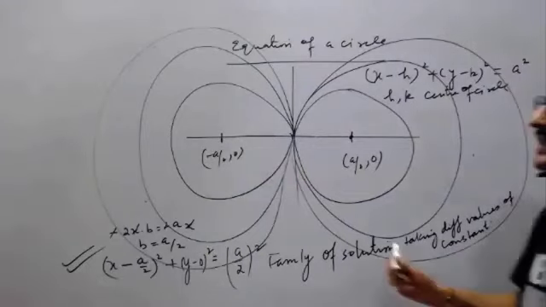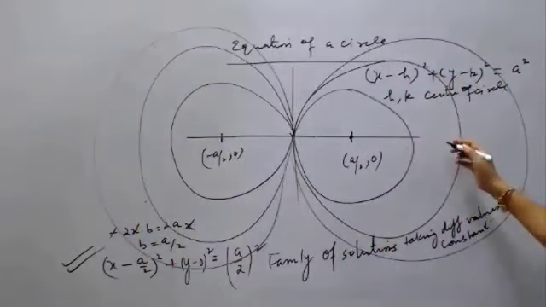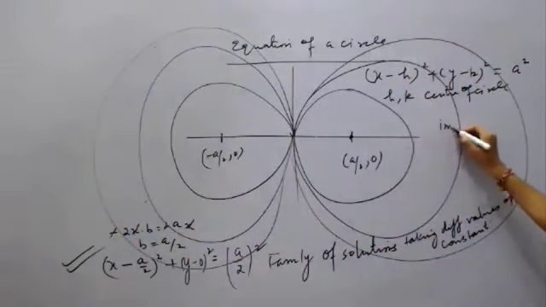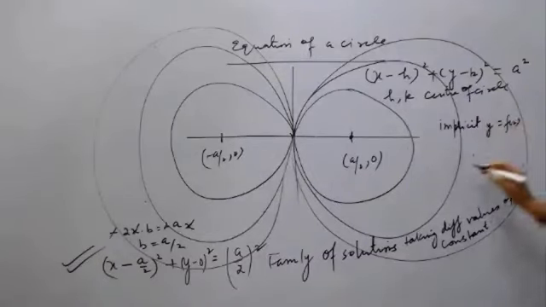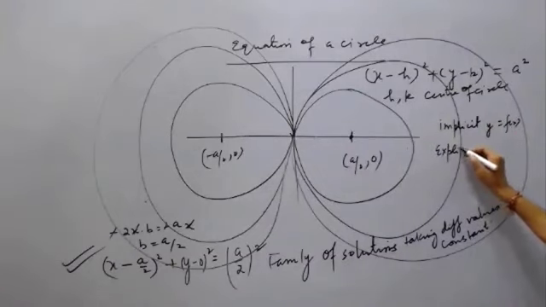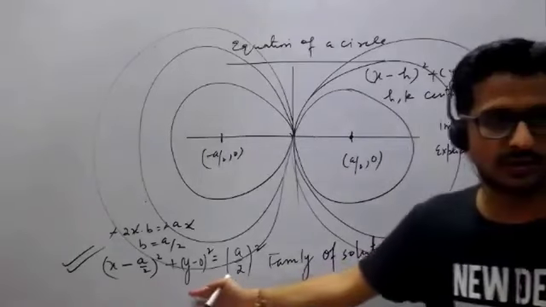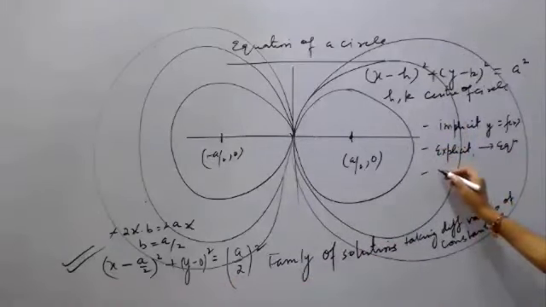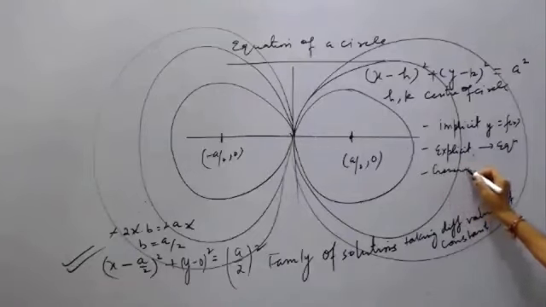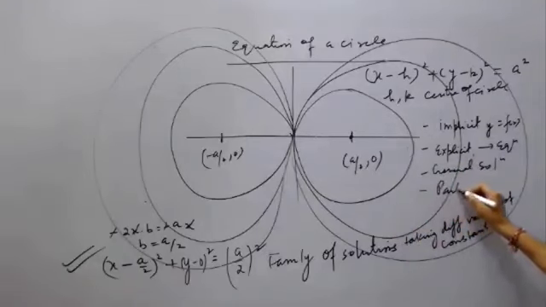So you have seen that the solution of a differential equation may be of many types. For example, explicit, if the solution comes as y is equal to some f(x). Implicit, if it is in the form of an equation like this. This is the solution. And then general solution like this, and particular solution.